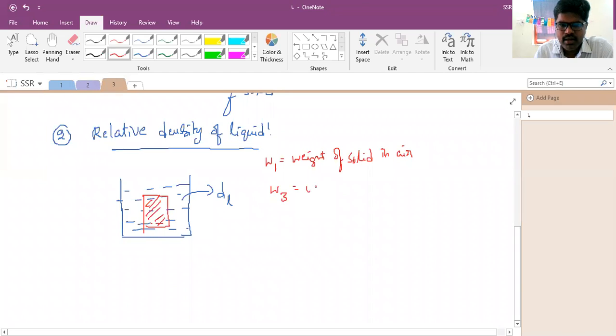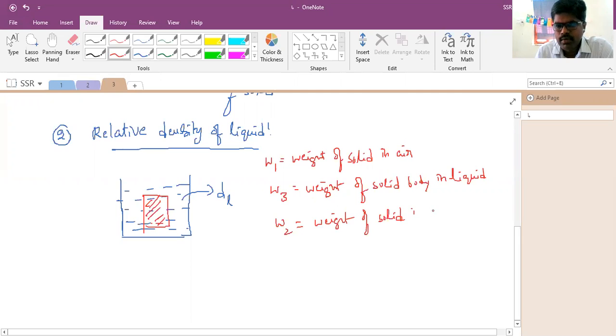That is the weight of this solid body in the unknown liquid, W3. W2 we know already: the weight of the solid in water.